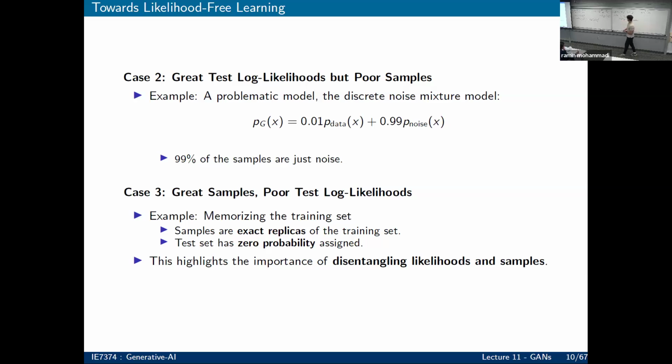Sorry, for the P of X, this is A plus B, so log of B is greater than that. So let's call that the generator, log of P of generator.